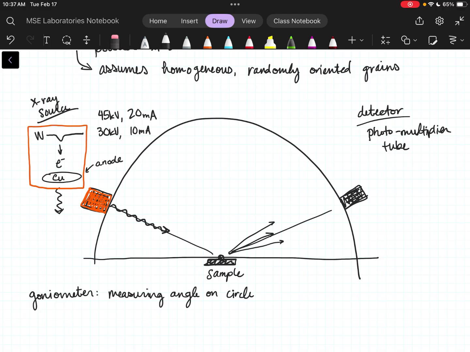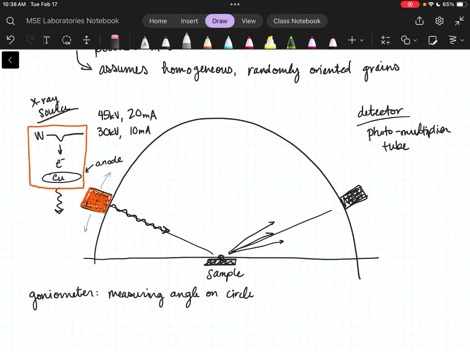Because a singular X-ray does not have all that much energy, and for a detector to be that sensitive would be very expensive. So typically we're going to have a photomultiplier tube. There are other types of detectors that can measure X-rays, and they all have different trade-offs on sensitivity and clarity and position indication and all of that.